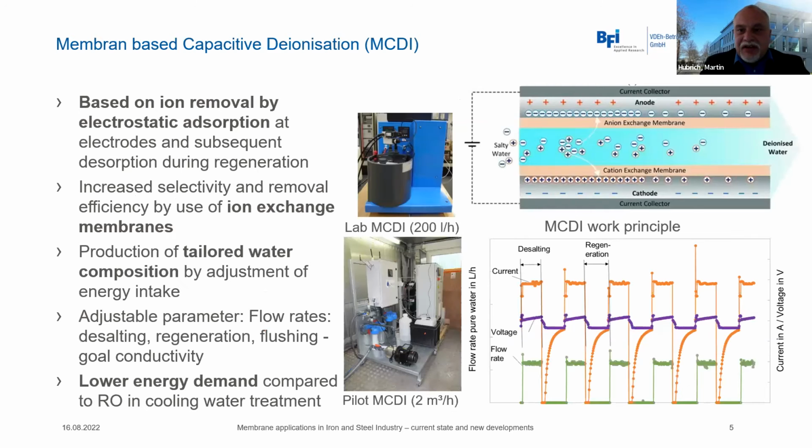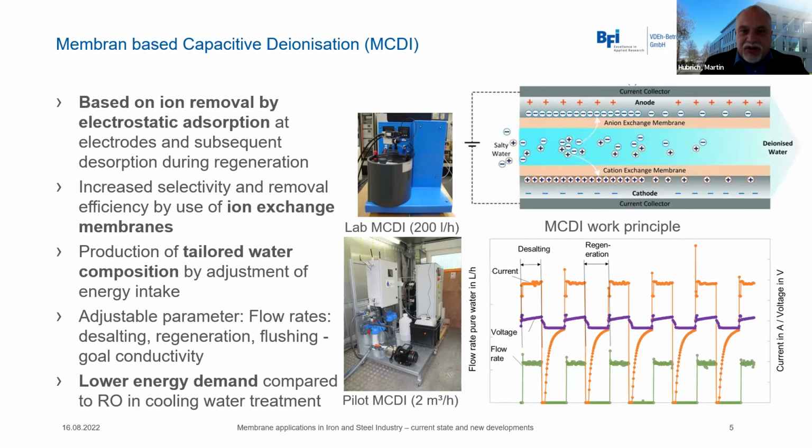Our idea is to use the technology of membrane-based capacitive deionization, which is based on electrostatic adsorption. That means you have two different periods. In one period, you have a current at the treatment unit where you collect the ions and produce a desalted water.